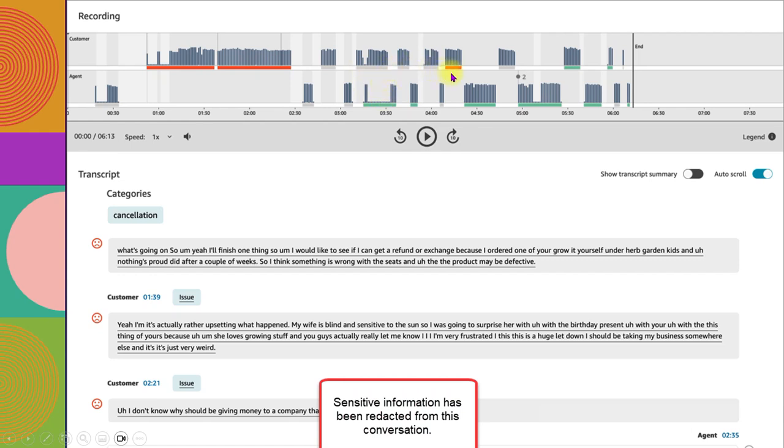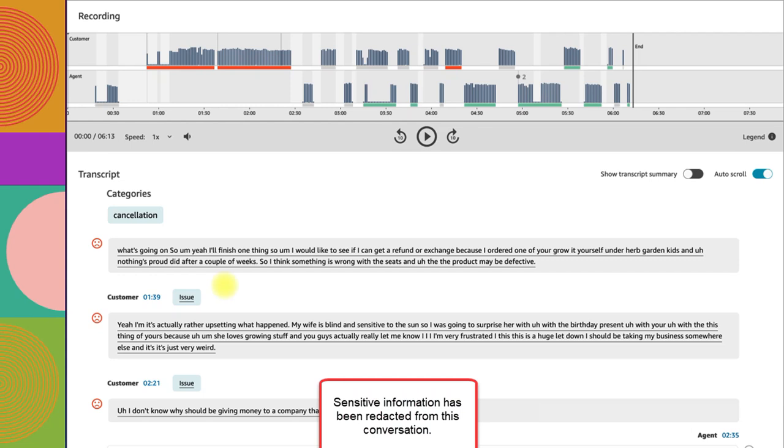It seems normal because the customer should be talking initially. But as you see from the transcripts, the customer is very unhappy. You see the sentiment: unhappy, unhappy, unhappy. It's because he's very upset that he bought his wife an herb garden, and he was unsatisfied with the product. It didn't work. Some of the seeds didn't grow.